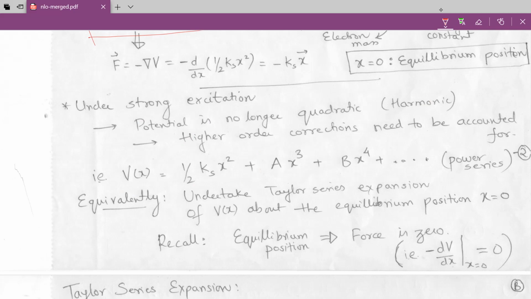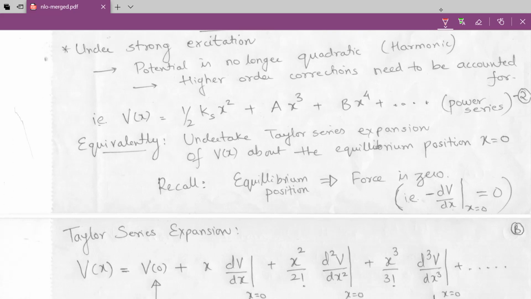That is what I mean by strong excitation. So once you do that, the potential no longer remains quadratic or harmonic. One needs to add higher order corrections to such a potential to accommodate for this large or strong excitation.